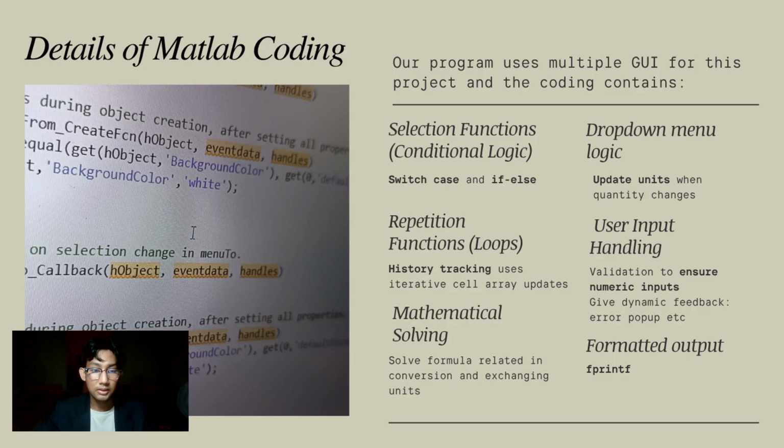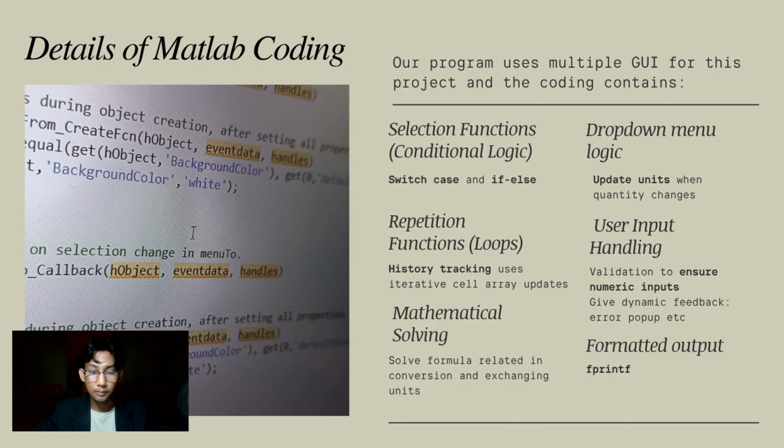So the third one is the repetition functions that we use, meaning loops, to track the history of conversion for each of our users. So next is the user input handling, which validates that the user inputs numeric numbers, not alphabetic, and gives dynamic feedback, for example if an error pops up, etc.